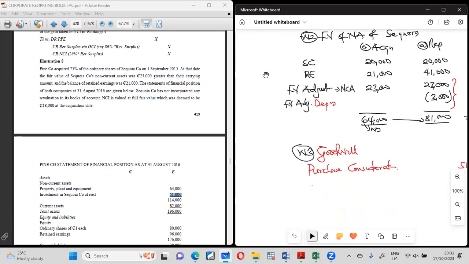All right. So we know what we need. It's NCI at acquisition. So it's either at fair value or proportionate. This one, is it fair value or proportionate? It's proportionate. Yes. On what grounds are you saying proportionate? When do you use proportionate?